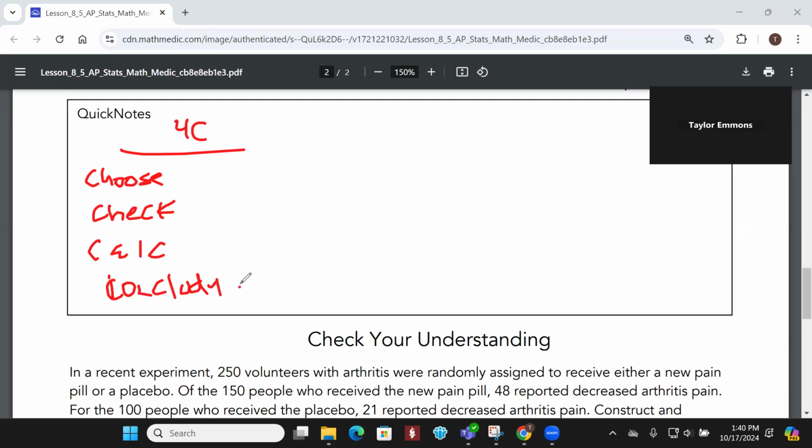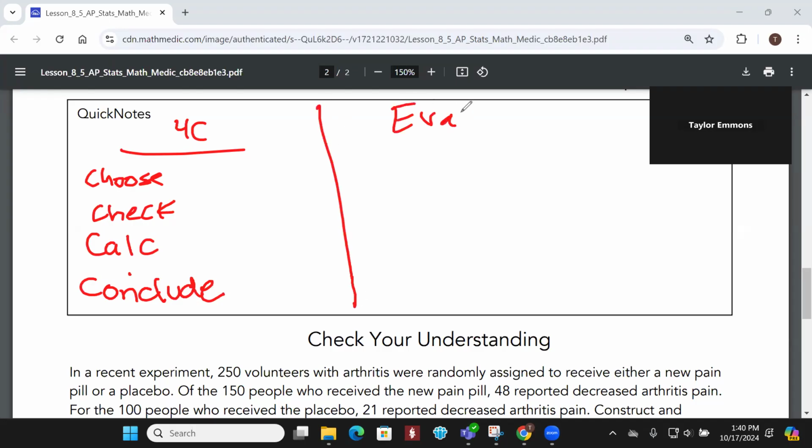Those are not new. But evaluating a claim, that's the new part.